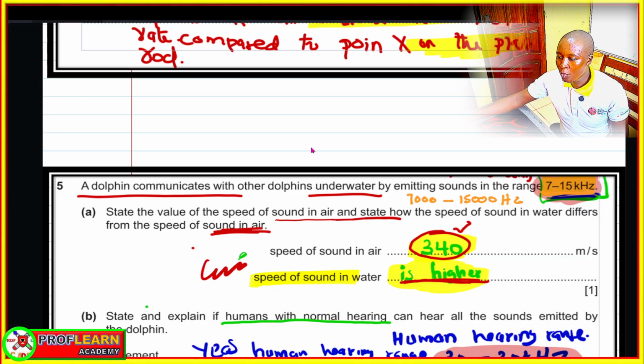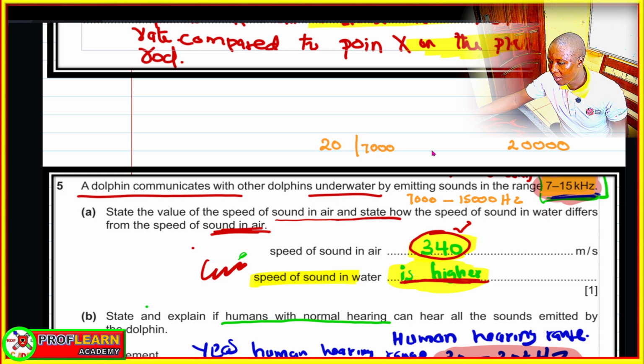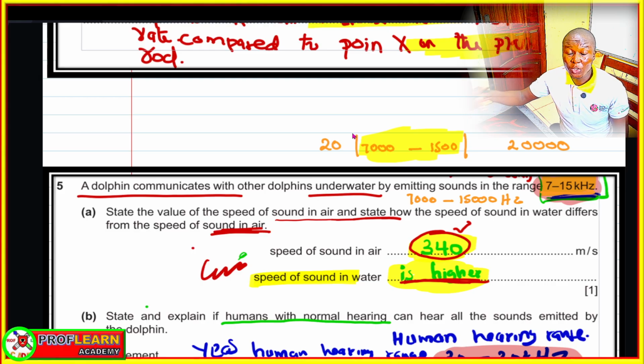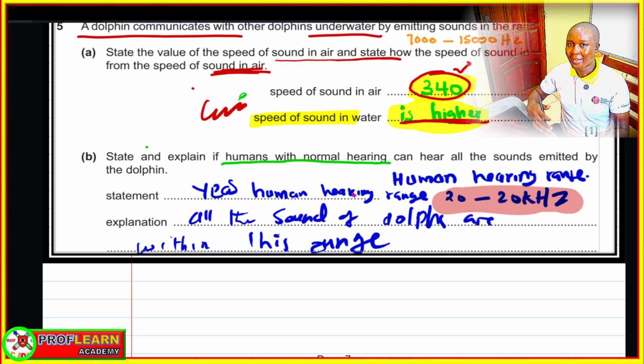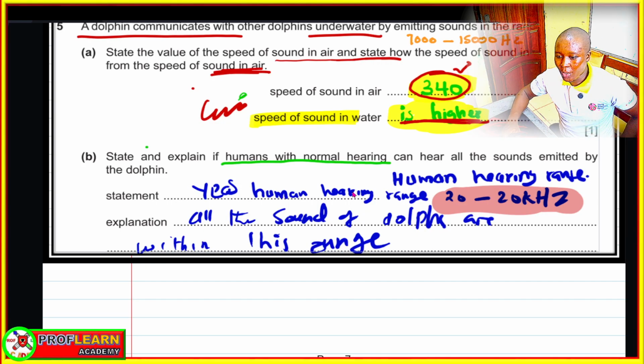If the human hearing range is between 20 and 20,000 hertz, then 7,000 to 15,000 is within the human hearing range, meaning that a human being is going to hear all the sounds produced by the dolphins. So we are asked, state and explain if a human with normal hearing can hear all the sound emitted. Yes, he's going to hear that because the sound produced by the dolphin is within the human hearing range, and that is exactly what you are supposed to say there.